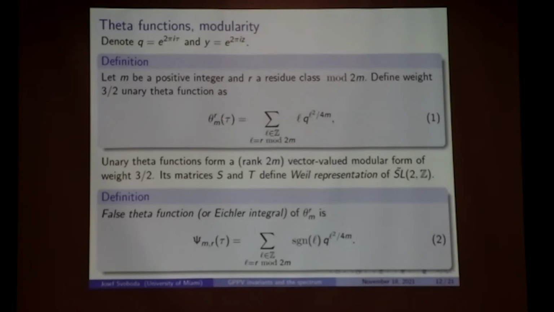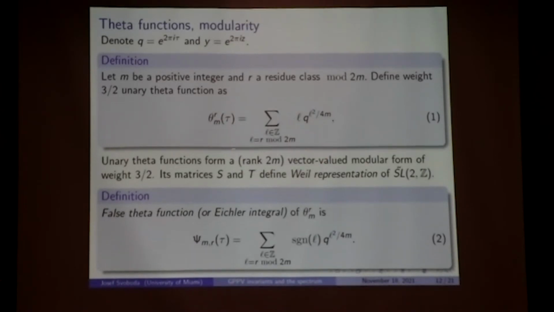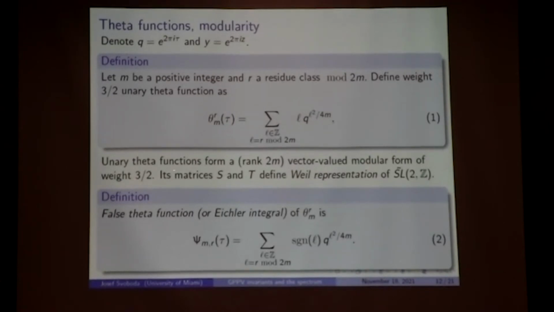Theta functions form a rank 2n vector-valued modular form with weight 3/2. You can take all of them as a vector, and if you plug in -1 over tau, they transform nicely. You find matrices S and T giving a representation of SL2Z, the double cover of SL2Z.